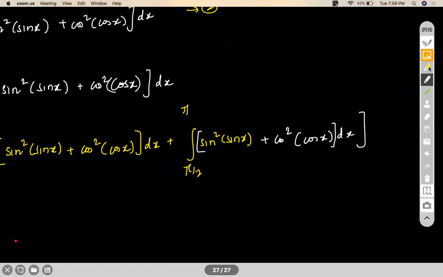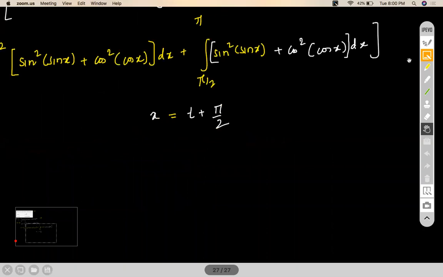Now replace x by t plus pi by 2, only in this integral.